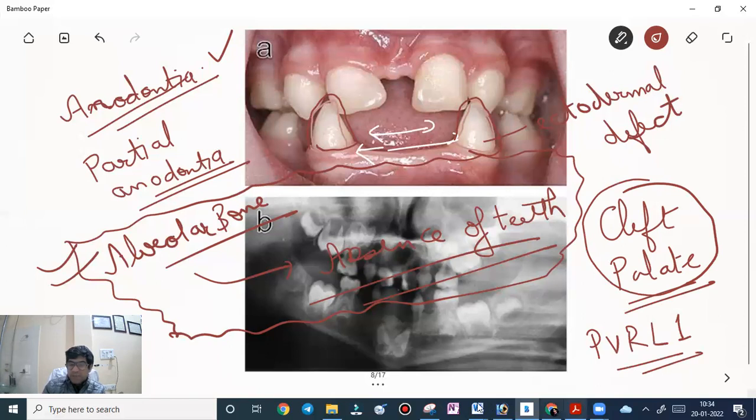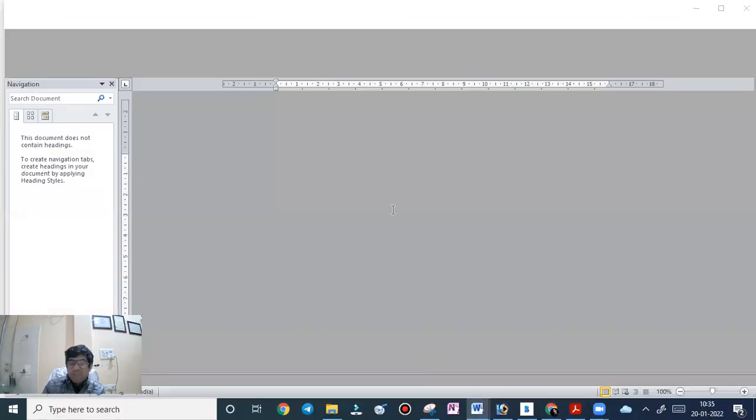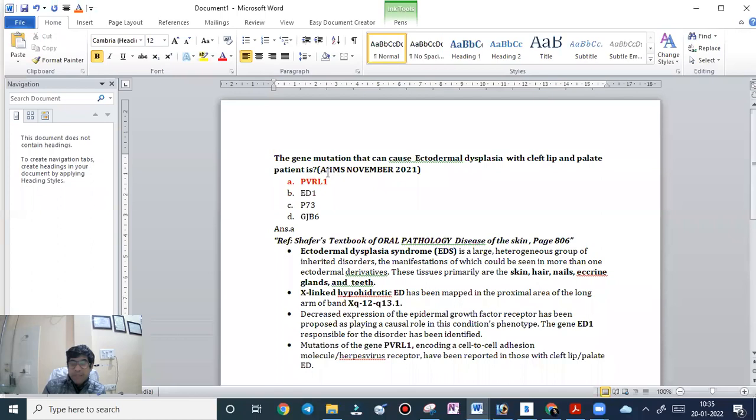That was the question asked by the examiner in the AIIMS November 21 paper. The gene mutation that can cause ectodermal dysplasia with cleft lip and palate is, your answer of choice would be PVRL1 gene.